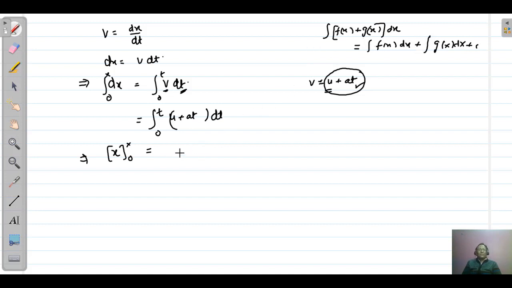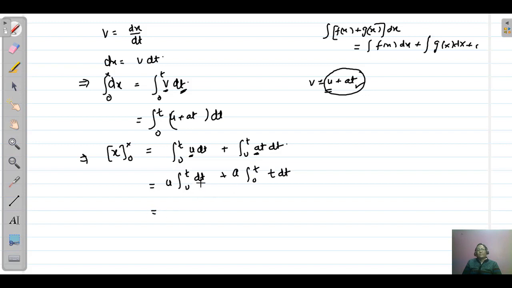Using this formula, we write the integral from 0 to t of u dt plus the integral from 0 to t of at dt. Here u is constant and a is constant, so they can be taken out. So we get u times the integral from 0 to t of dt, plus a times the integral from 0 to t of t dt.